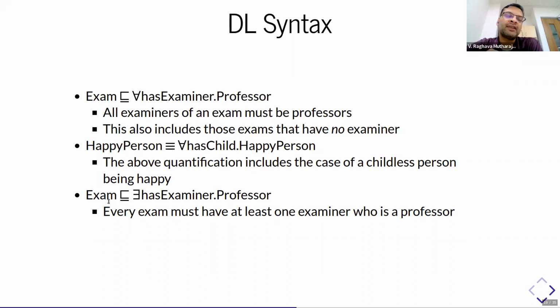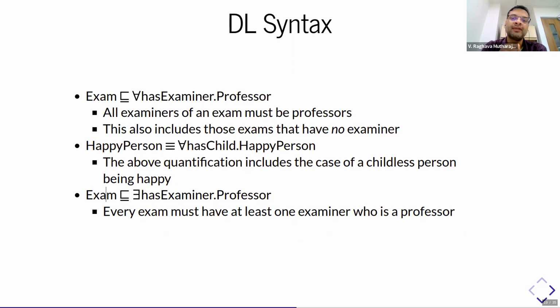So for example, let's say there's a math exam, and that has 3 examiners. If at least one examiner is a professor, then we are happy with this quantifier. But in this case, you should have all the examiners as professors.